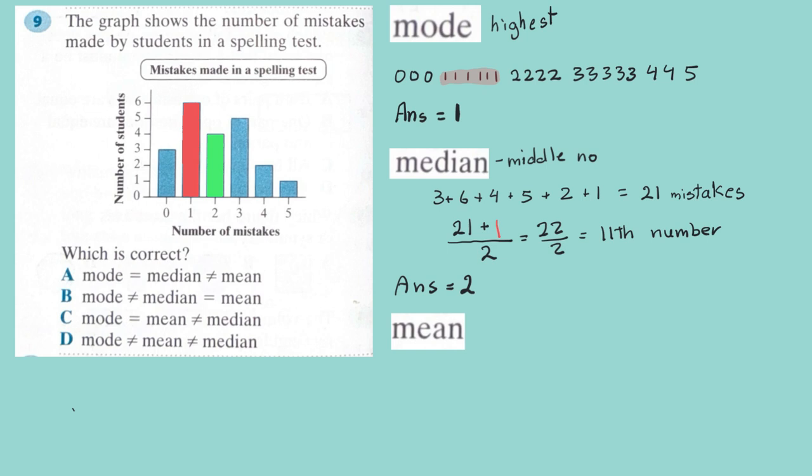Now let's find the mean. The mean is the sum of all the mistakes divided by the number of students.